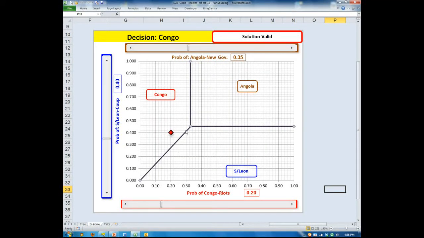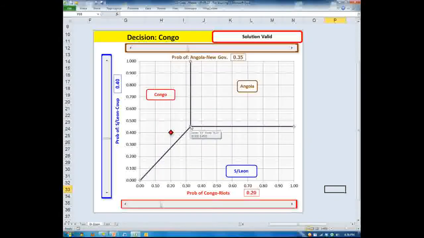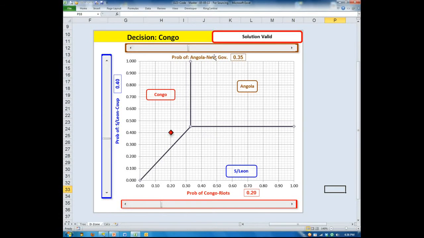Now here we have 3 zones, and the center point is known as the triple point. And observe, we have the triple point fixed with Angola, and if I change that, the triple point moves. As before, we are now in the Congo zone, and by changing the probabilities, we can suddenly move to Sierra Leone. Or moving upwards, we go to Angola.